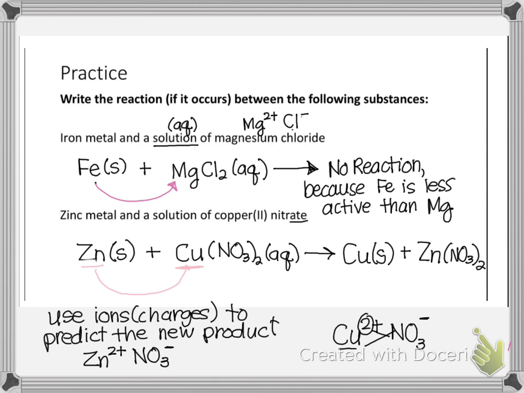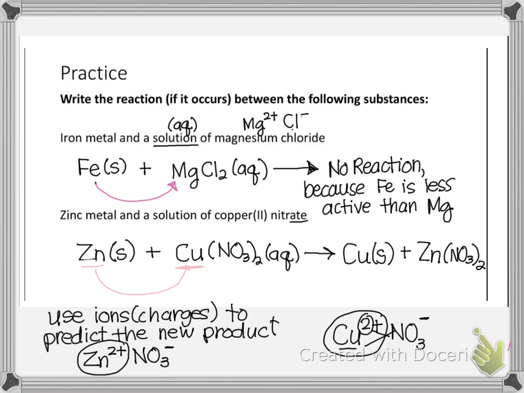Now, if you inspect this equation, you will see that it is balanced without doing anything. So we have 1 zinc on both sides, 1 copper on both sides, and 2 nitrate ions on both sides. Now there's a simple explanation why this one worked so easily in switching the partners, and that is because both the metals had the same charge.